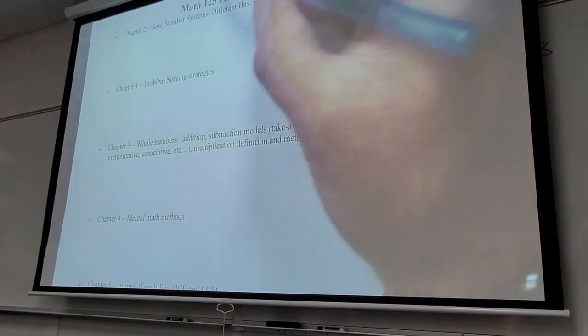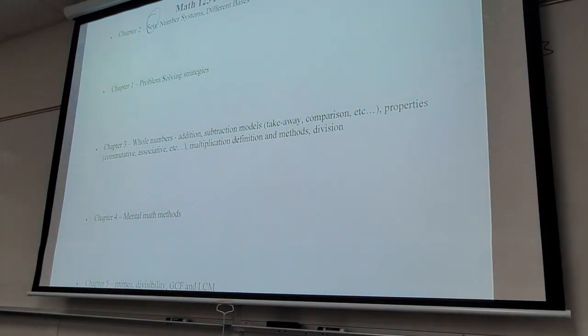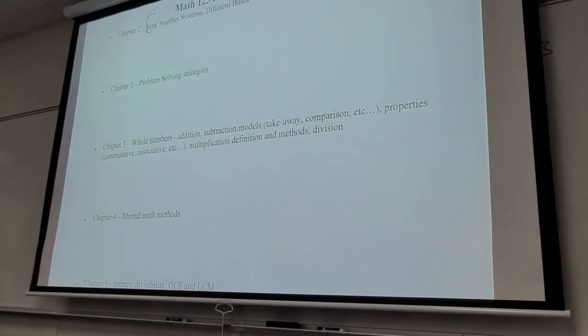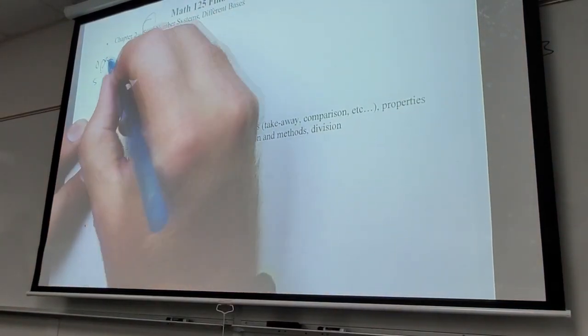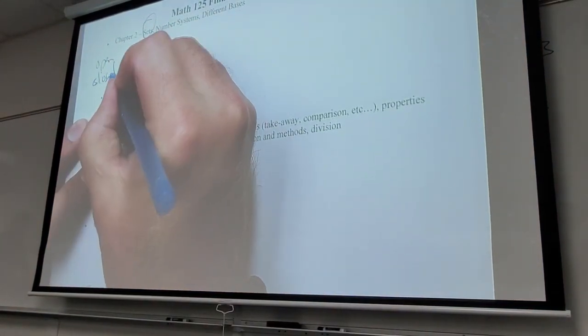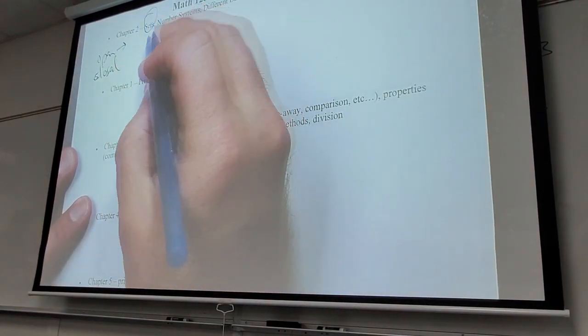So chapter 2, can anyone tell me anything about sets, what we talked about in chapter 2? What did we do with set A, set B? Open and closed sets. Okay, open and closed sets. So you have infinite number stuff versus, what would be an example of an open set?